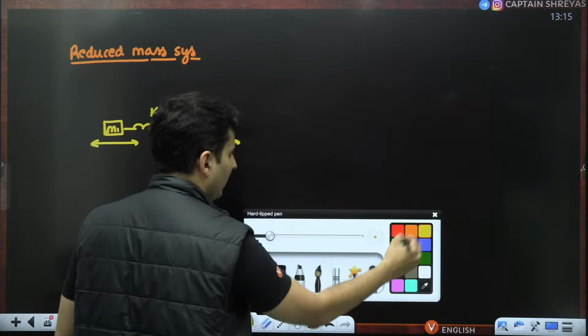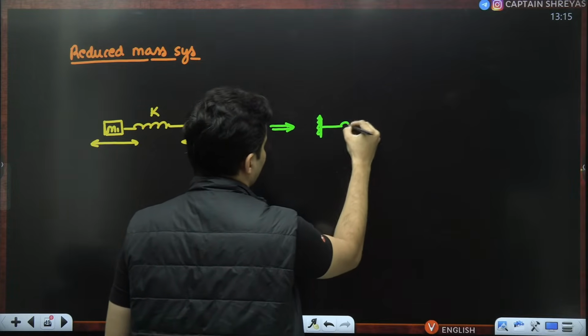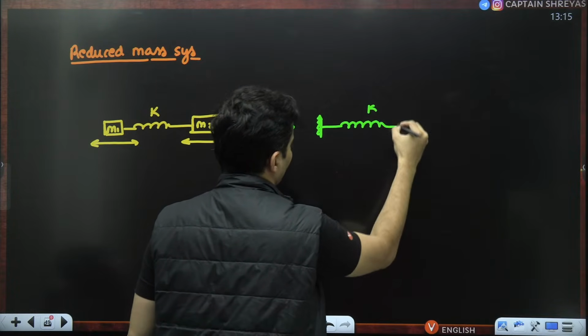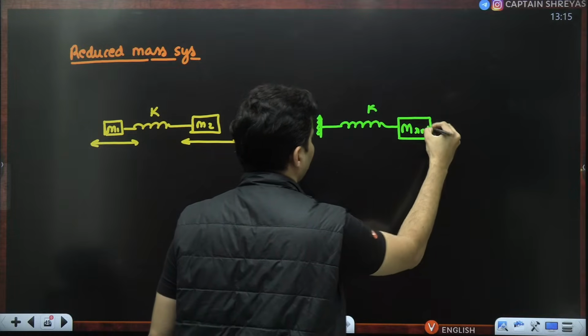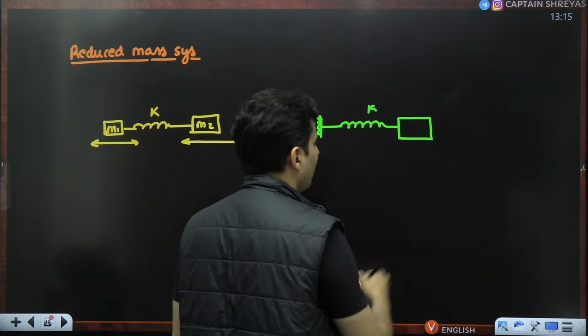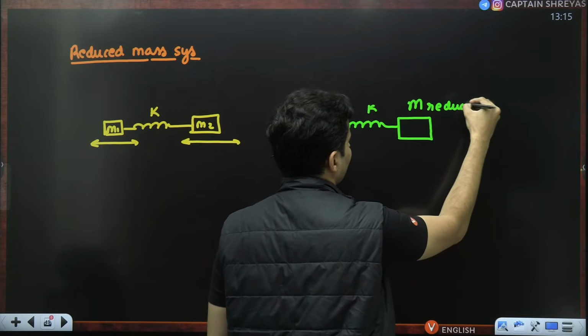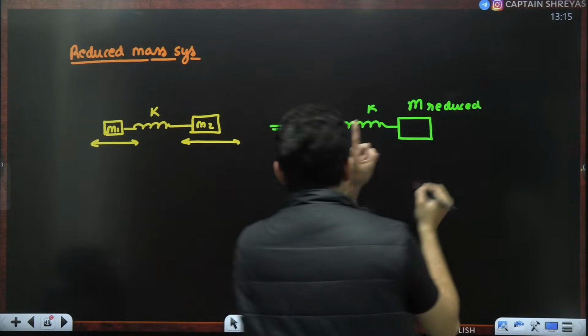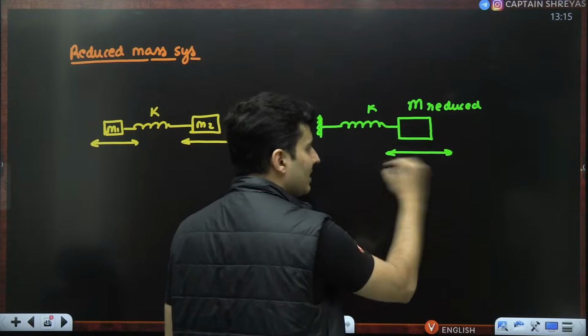You can convert it into that same spring constant k, but one single mass, which is called the reduced mass. This m over here is called the reduced mass, meaning instead of 2 you are getting one mass which behaves exactly the same way with the same time period.